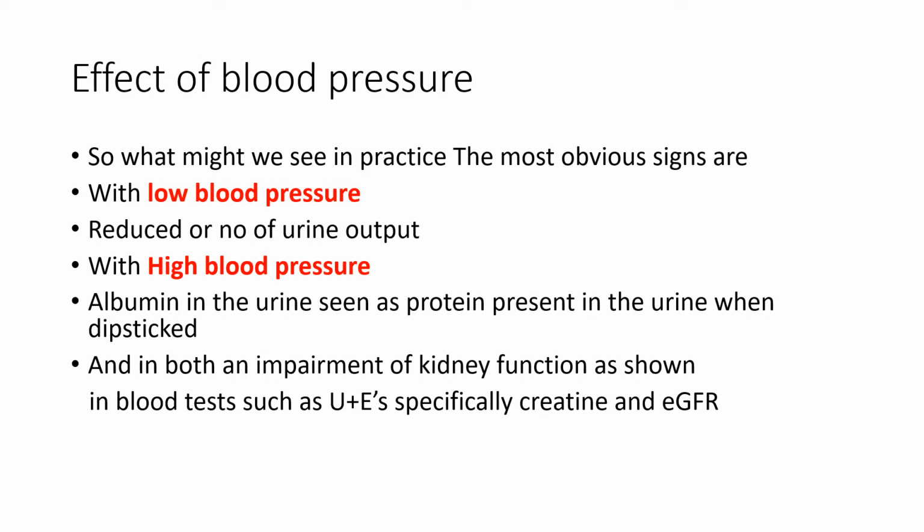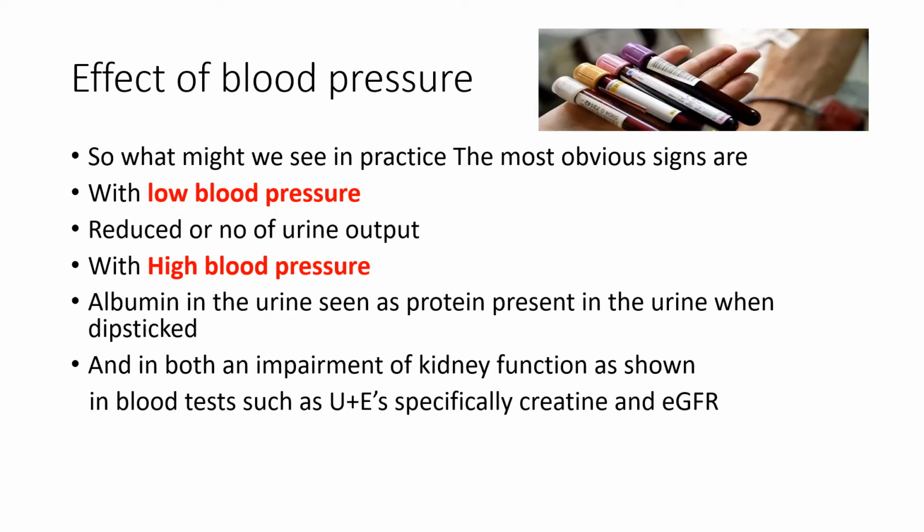Creatinine is a byproduct of muscle metabolism and it's often excreted by the kidneys. eGFR is estimated glomerular filtration rate, so it's a calculated value based on the blood tests. So we would send some blood tests on the patient and see what things like the creatinine and eGFR came back as from these blood tests. And that will give us an idea of how well the kidneys are working.